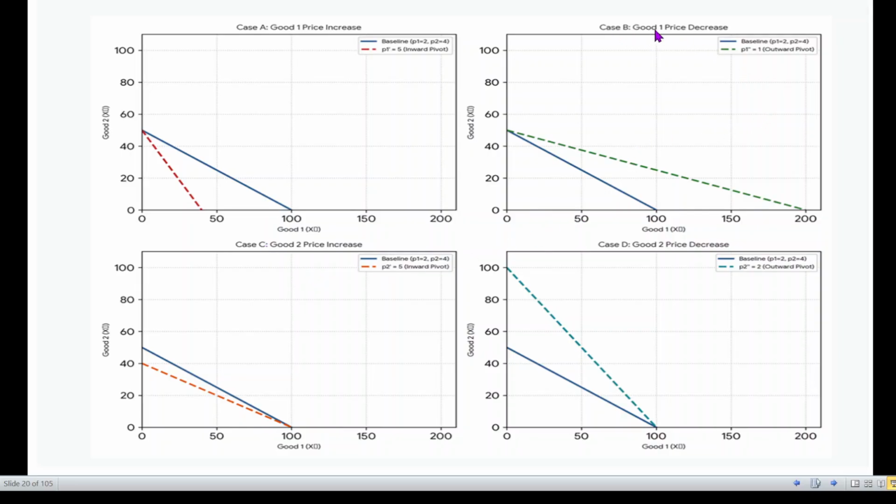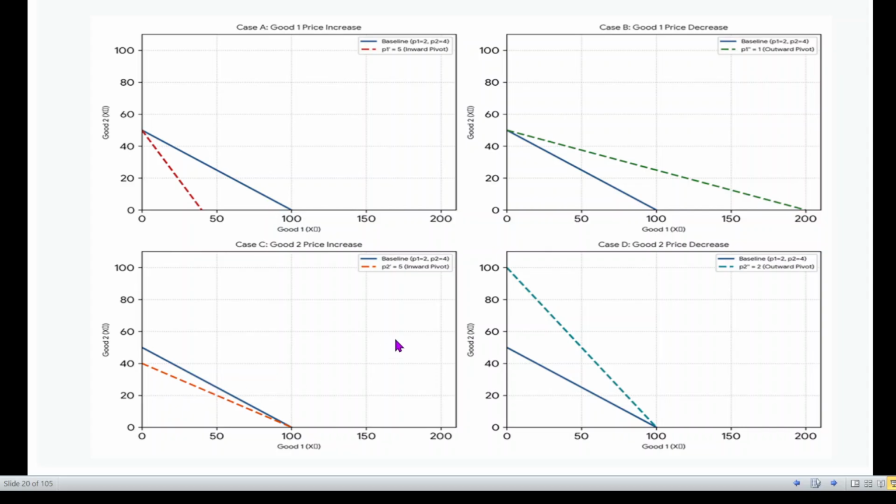The other is when the horizontal intercept is locked here, that is price 1 is locked, but there is a change in the vertical axis, price 2. Here is the price prime, that's an inward shift. When the price P2 prime is 5, that's an inward pivot.